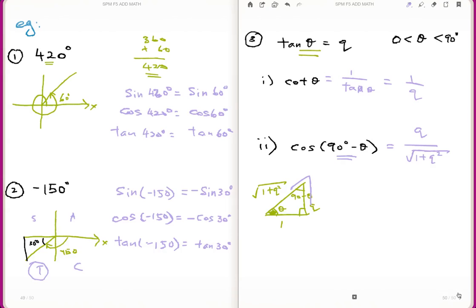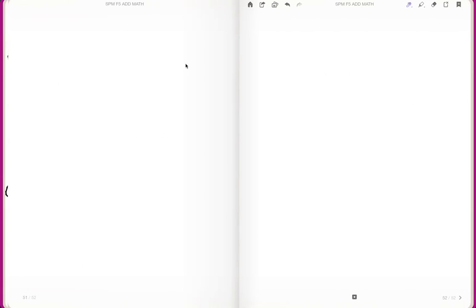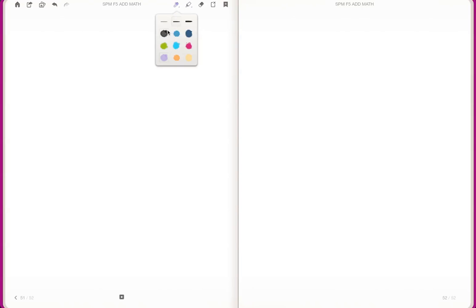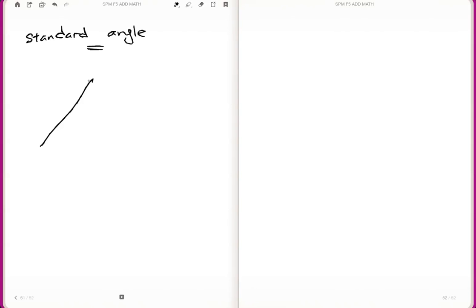Next concept is the standard angles. For standard angles, there's an analogy of having a triangle. Before that, part 2 of my video would be on graph sketching. Take an equilateral triangle.